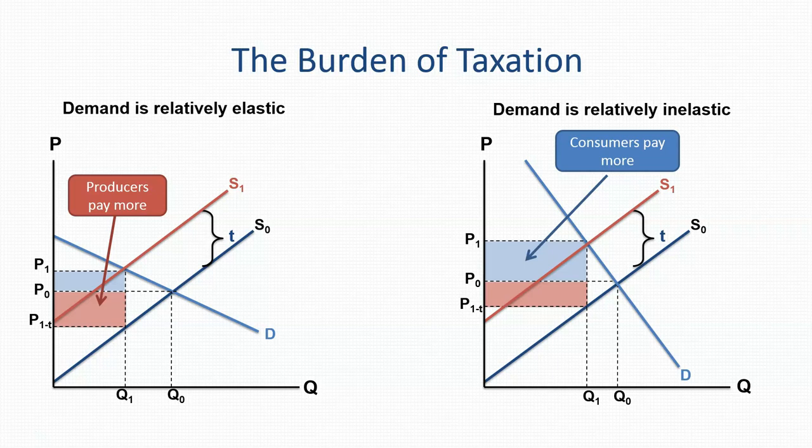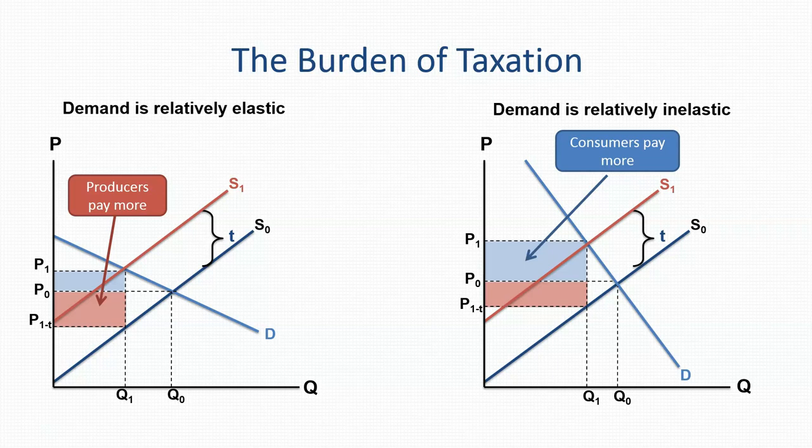In the case of imposing a tax on suppliers, how much of that tax can be shifted onto the demand side of the markets depends on how much the price can increase as a result of the decrease in supply. In the scenario on the left, we said demand is relatively elastic, which means demanders are relatively responsive to a price increase.